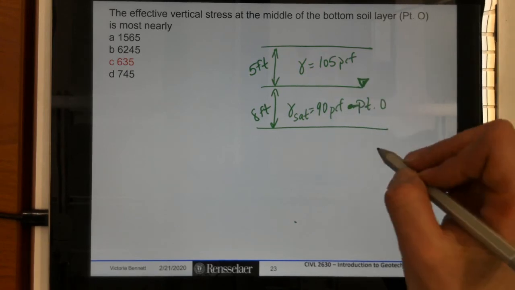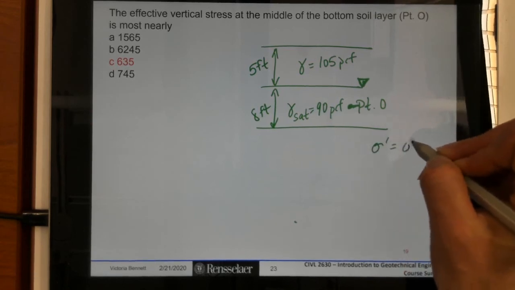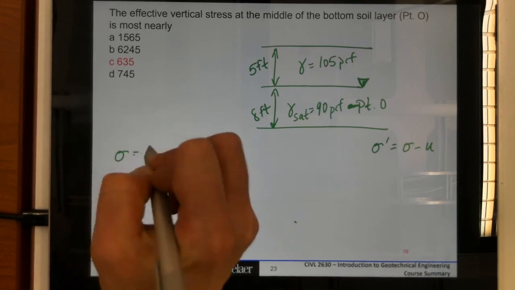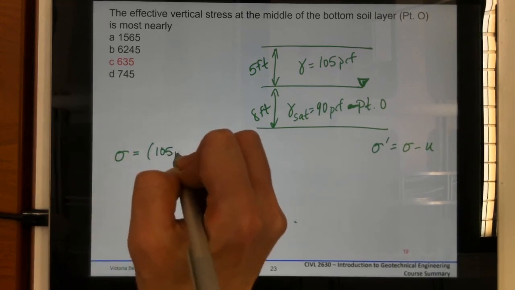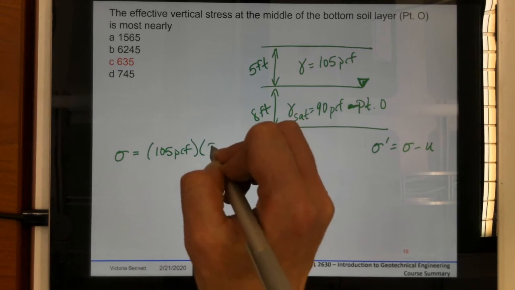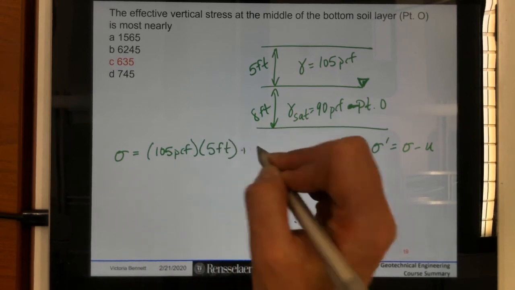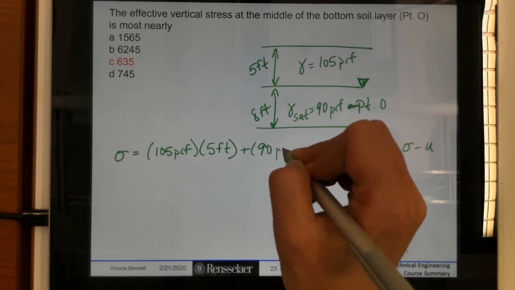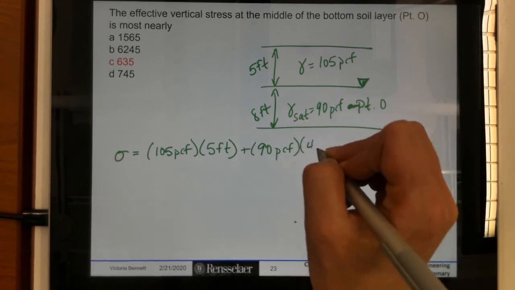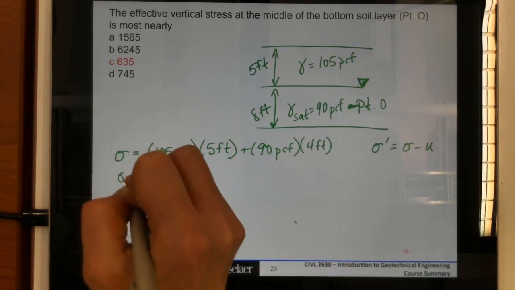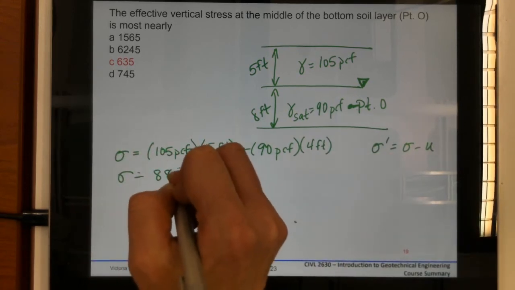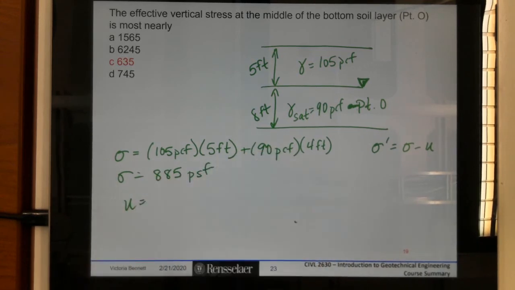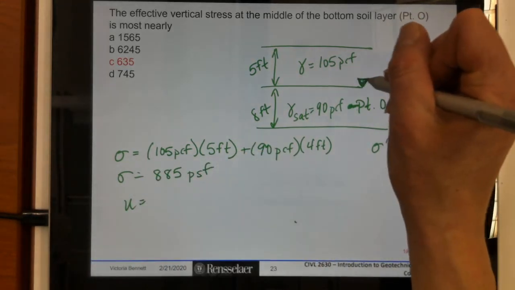Again, effective stress is total minus pore pressure. Our total stress at that depth is the weight of the top layer over its thickness, plus half of the second layer, so 4 feet of that. For pore pressure, where does the groundwater table start?